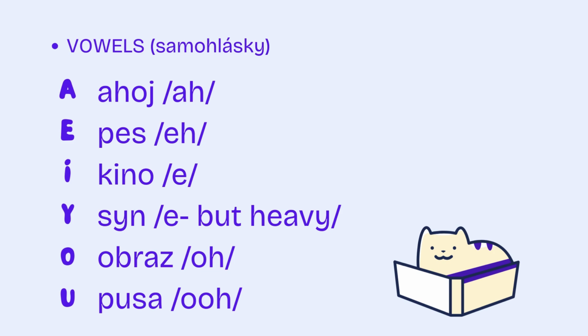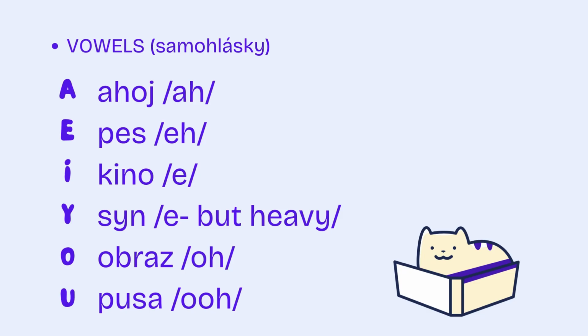So in the listening, not too much different. In writing, big difference. They sound the same. I'm going to say again how they are next to each other. And in the word, we have it as kino and syn.